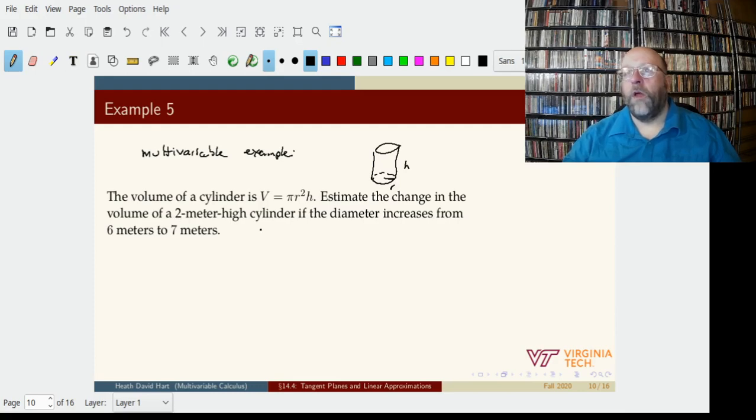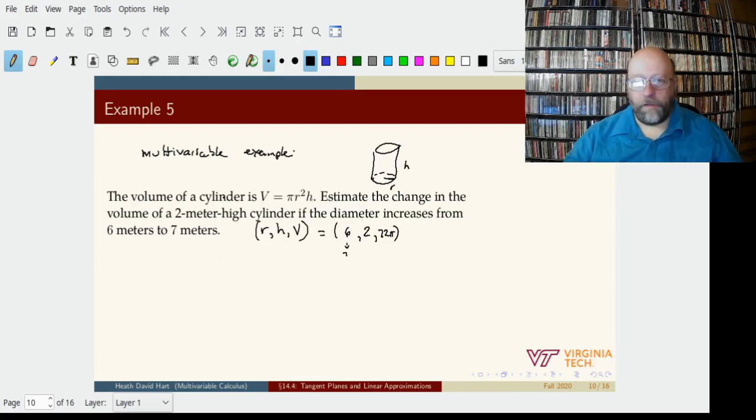So we're dealing with different variables than x, y, and z in this case. The height is 2. The diameter started out at 6, but it's going to increase to 7. And so the volume in this case is going to be pi times 6 squared is 36 times 2 is 72 pi. Okay?